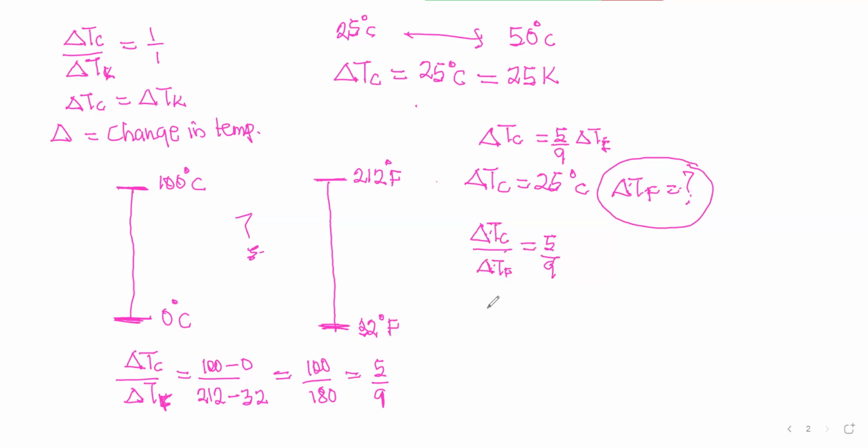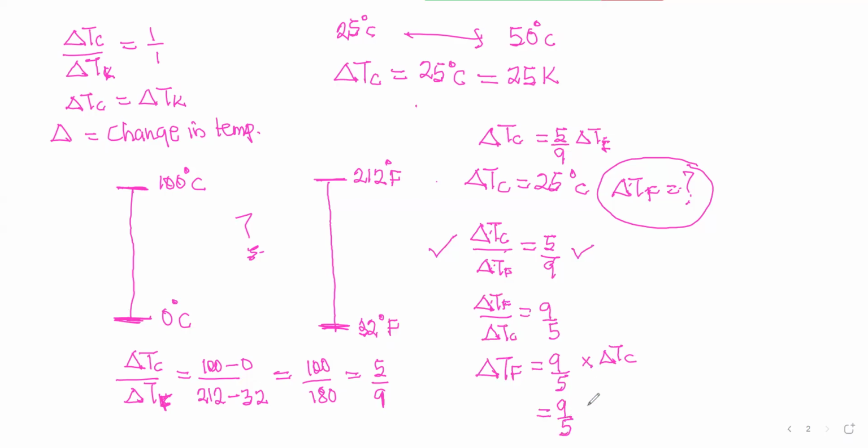So delta TF over delta TC will be equal to 9/5. If I reciprocate this side, I must also reciprocate this side, so that delta TF will be equal to 9/5 times delta TC.